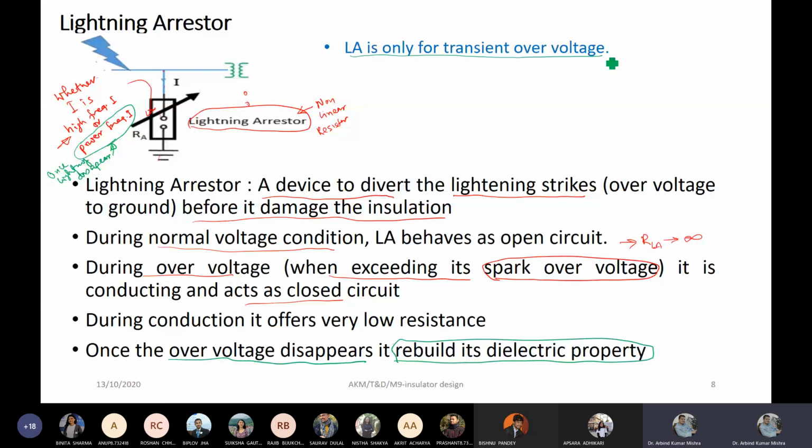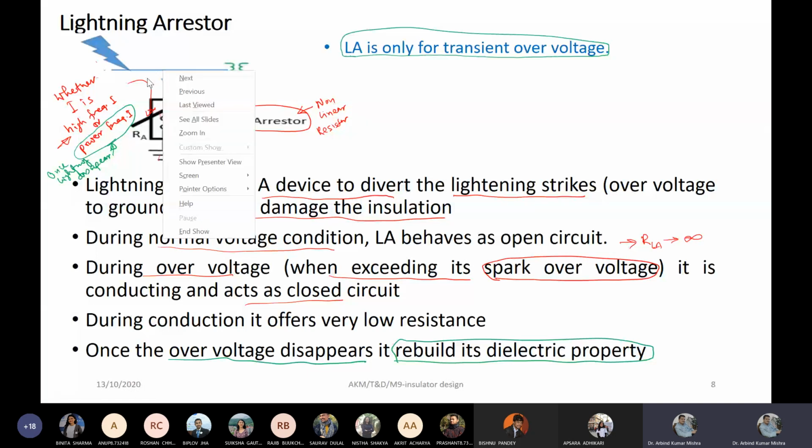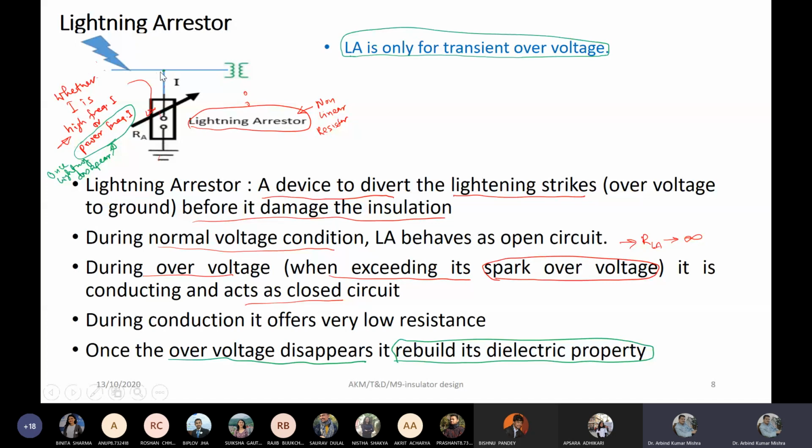It is not designed to protect this line from temporary over voltage, because the over voltage in the line, as you might know, is not always only transient. The over voltage may be power frequency over voltage as well, but the lightning arrestor should discard the temporary over voltage. It should not care about it, right? So the lightning arrestor is only designed to operate for lightning.